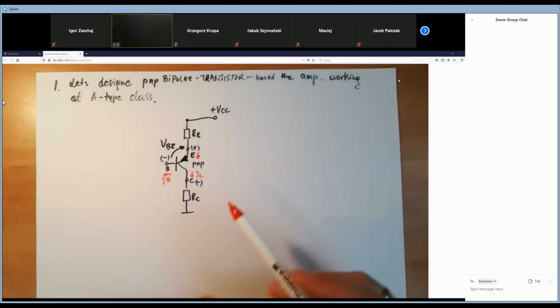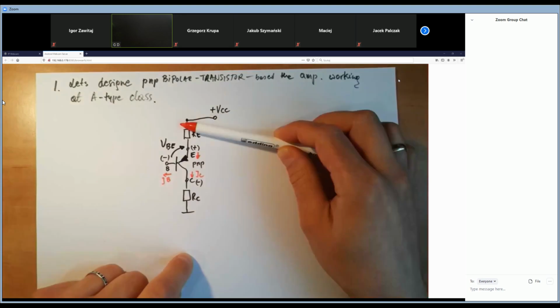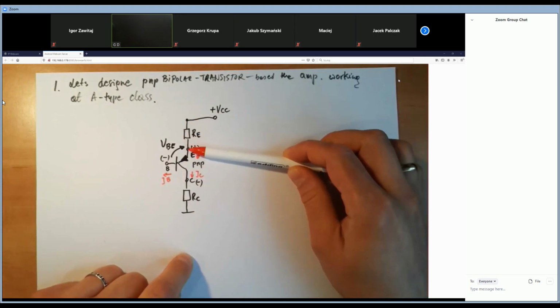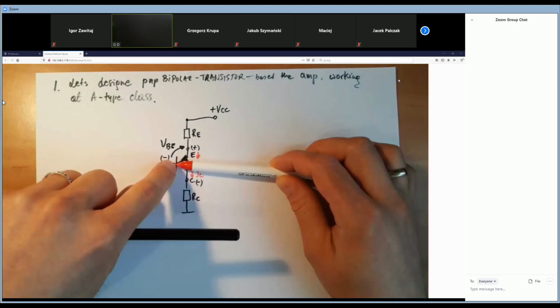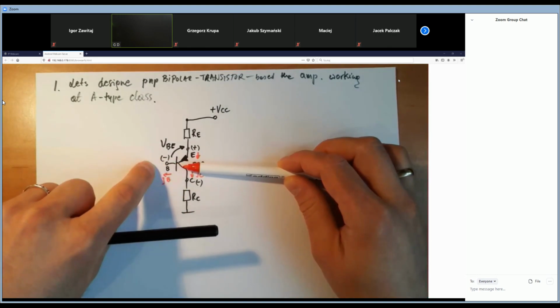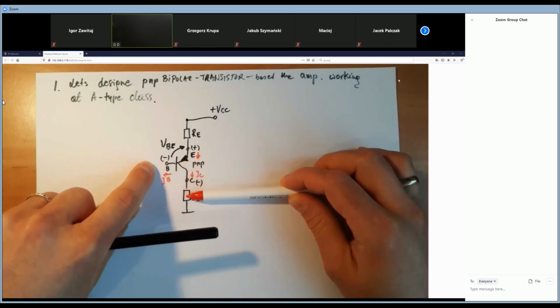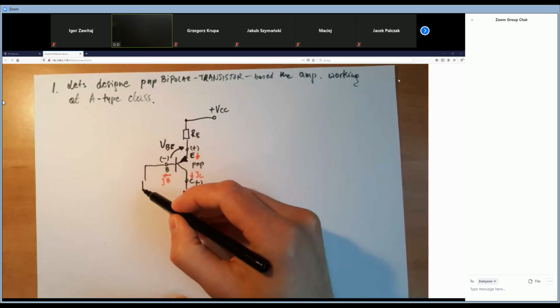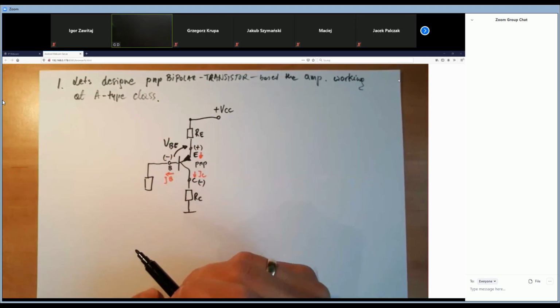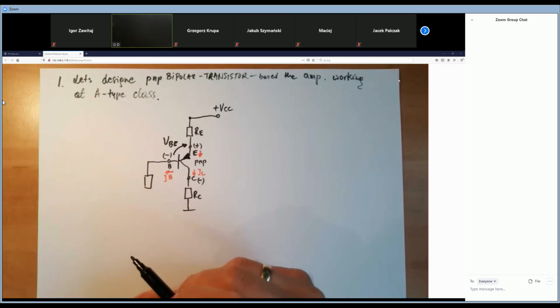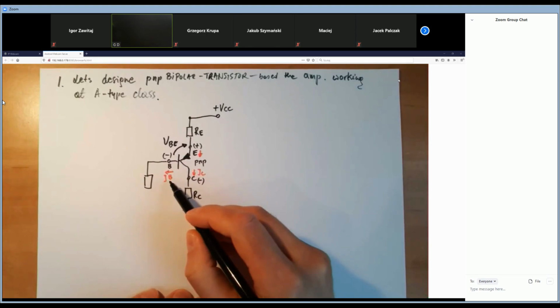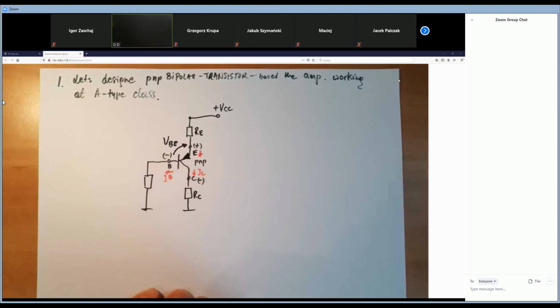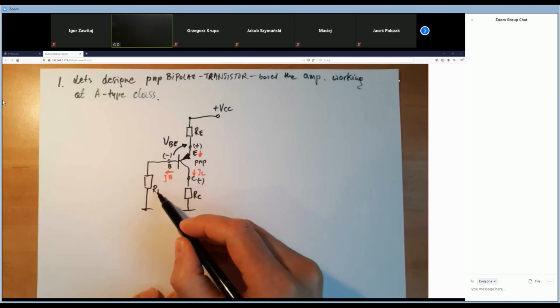So the emitter current passes through here and is split into the current IB and the current IC. So we have to put here a resistor, which will limit the base current, and connect it to the ground. That's all. This is the RB resistor.